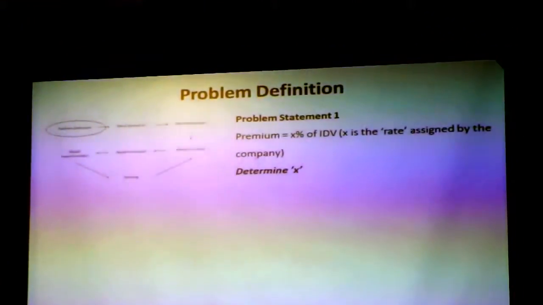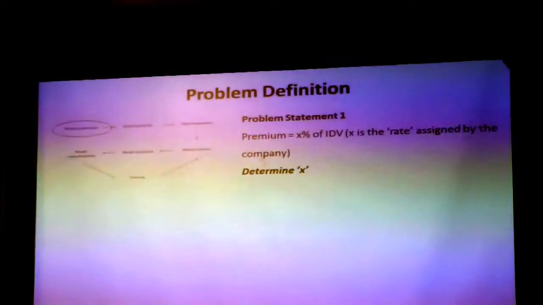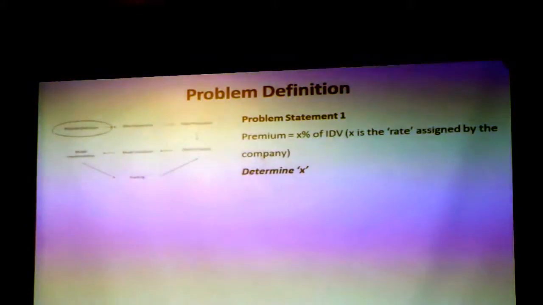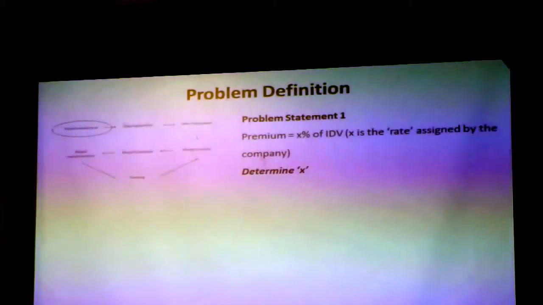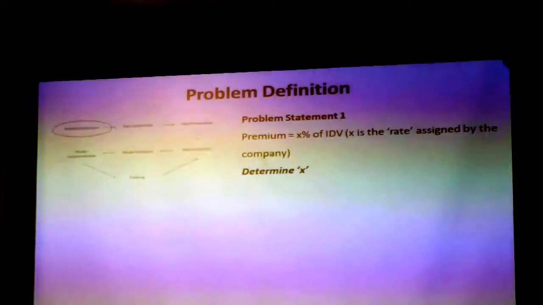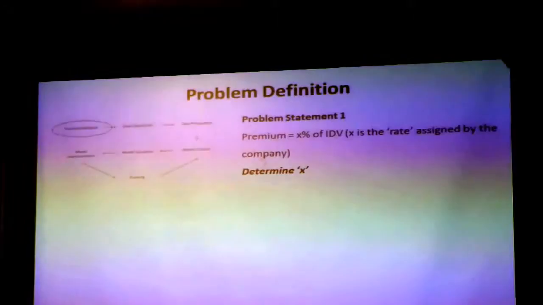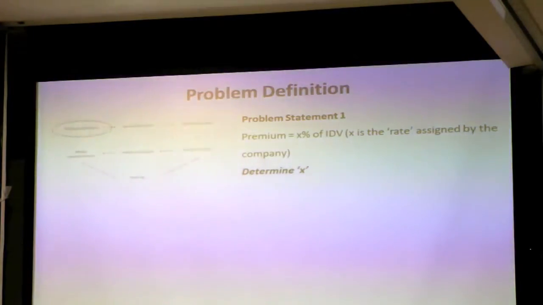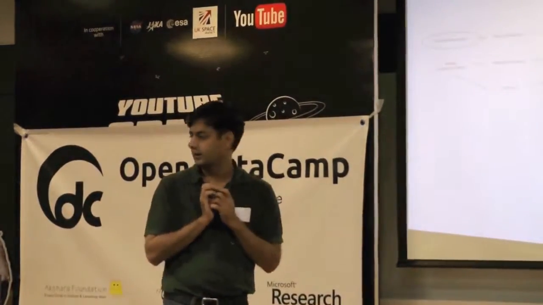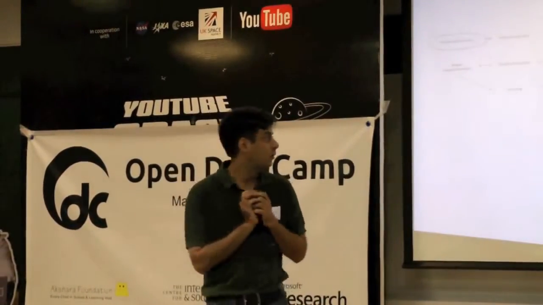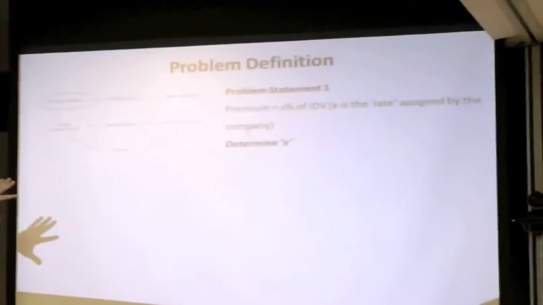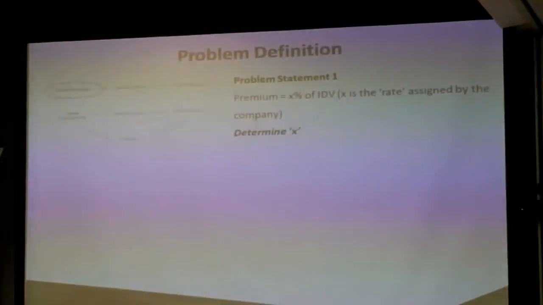This is basically the problem that was given to us by the business. Your premium is what the insurance company is charging for insuring the car. So this is what you're paying to the insurance company. It is X percentage of IDV. So premium is a fixed percentage of the value that you've declared for your car. This X is the rate that is assigned by the company.